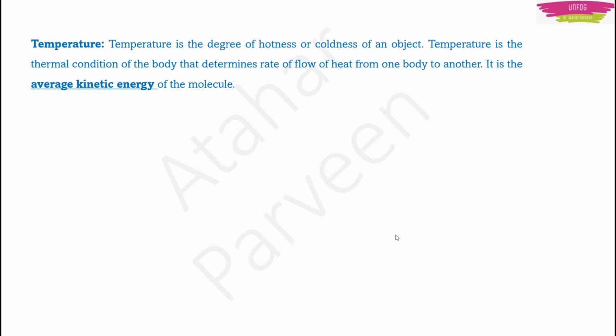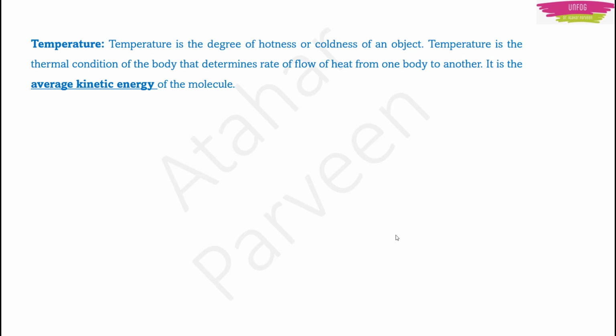Either you say it like this or in simple words, it is the average kinetic energy of the molecule, one single molecule in that object. What was heat? Heat was the sum of the kinetic energies of the molecules present in that body. We were talking about all the molecules present in that body. But temperature is just the average kinetic energy of one molecule.